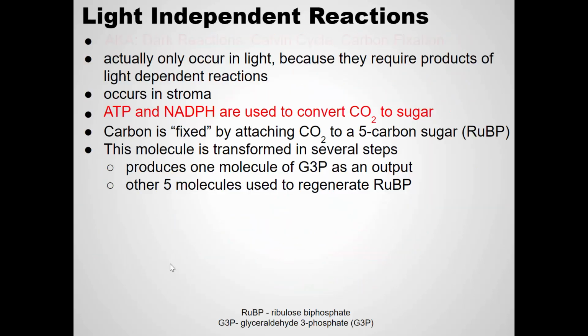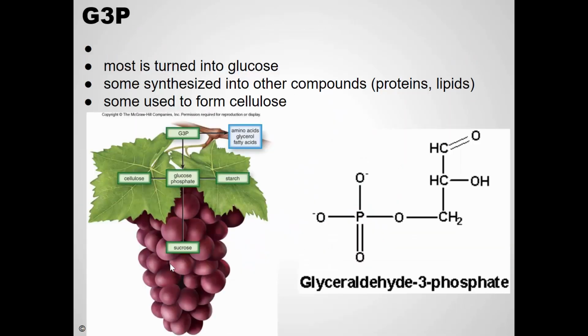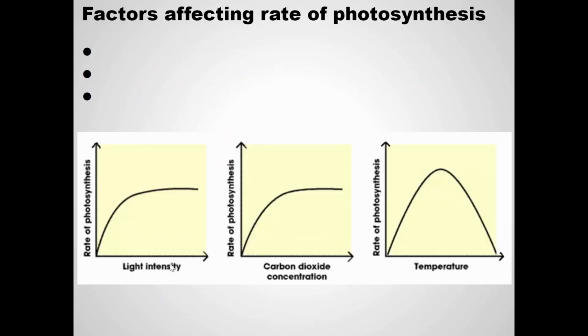So what affects the rate of photosynthesis? Obviously, the amount of light is an important factor. What else would be a factor? Temperature and carbon dioxide. These are three factors that are really important that determine the rate of photosynthesis.